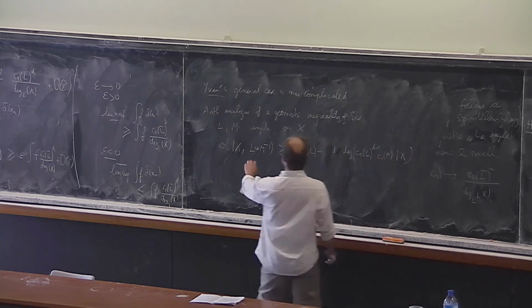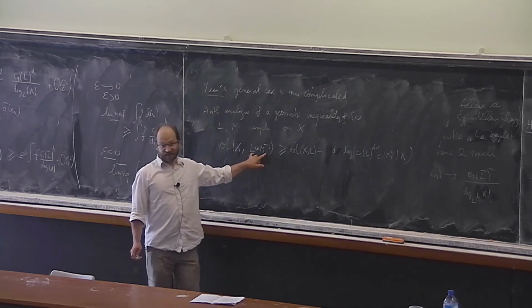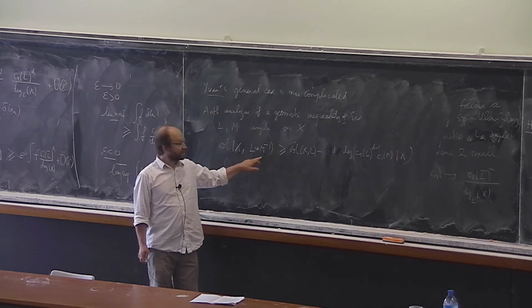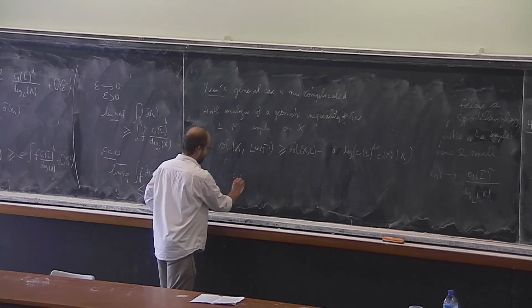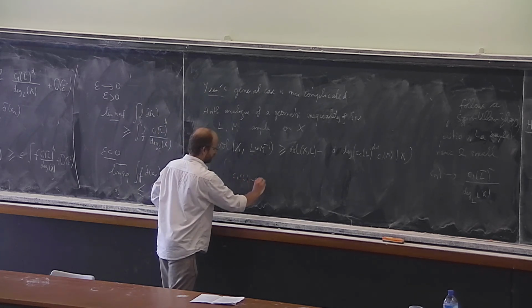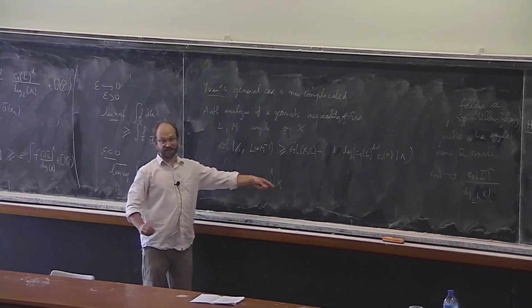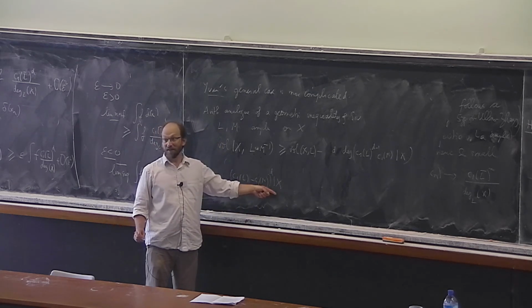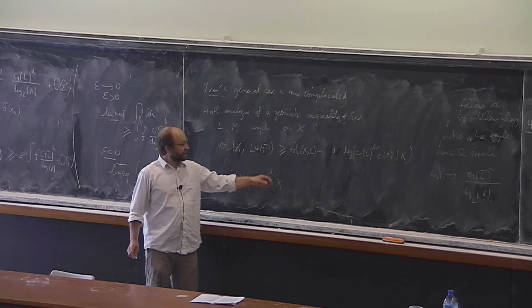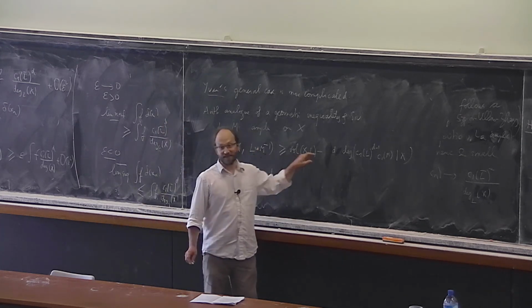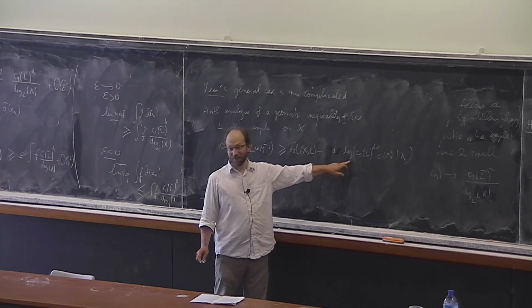Just remember that if this is ample, then the volume is just C1 of L minus C1 of M to the power d on X. And you can just expand this by multilinearity. The first term you get is that, and the second term you get is this one.